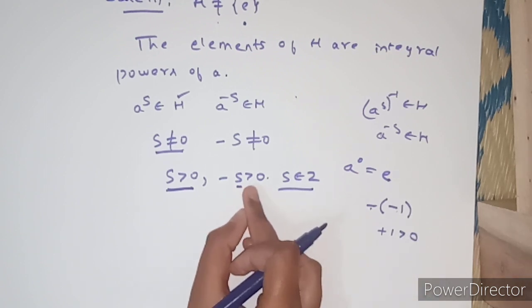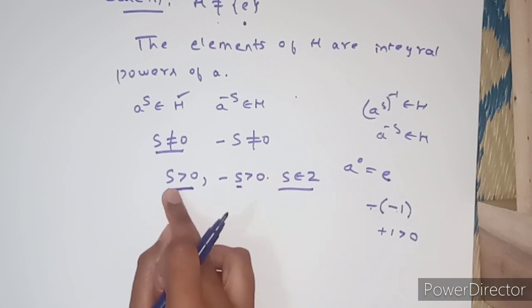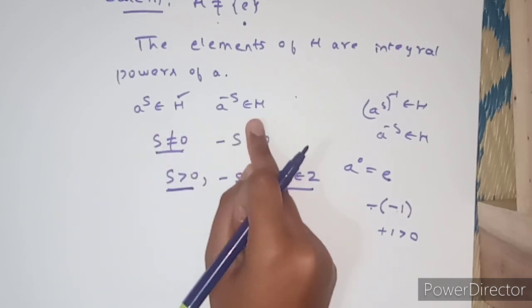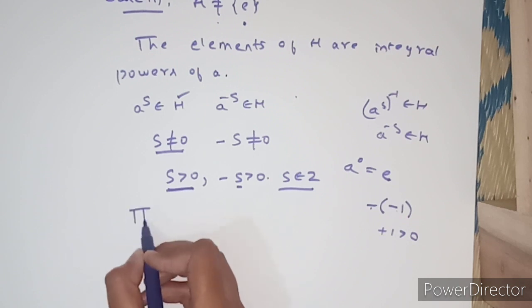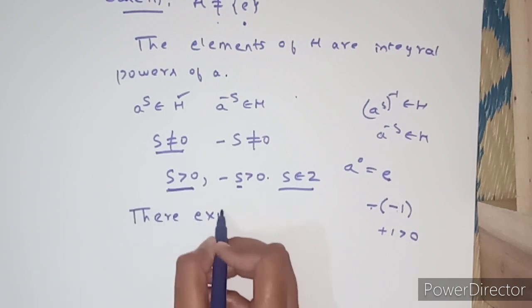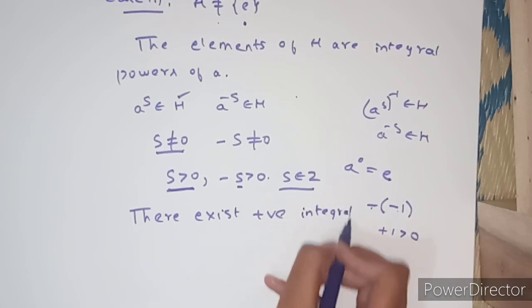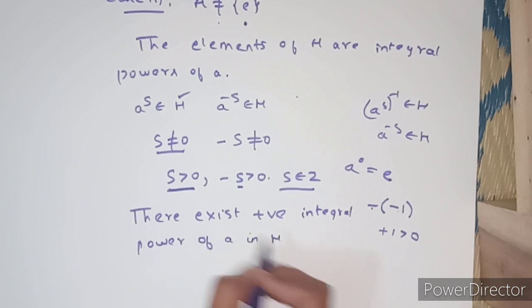So this condition holds good for negative integers. So if s is greater than 0 or -s is greater than 0, then a^s or a^-s is a positive power. That means the elements of H include positive integral powers, right? So there exists a positive integral power of a in H, because s is greater than 0 or -s is greater than 0.